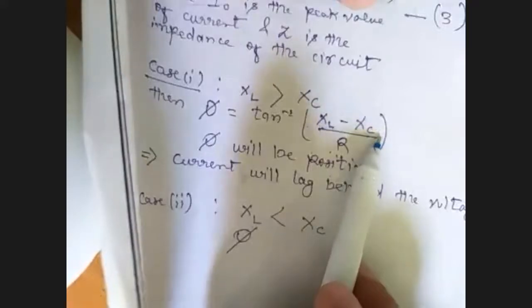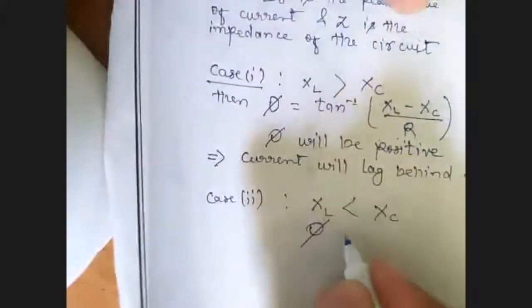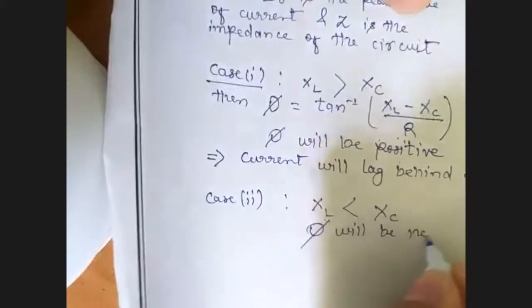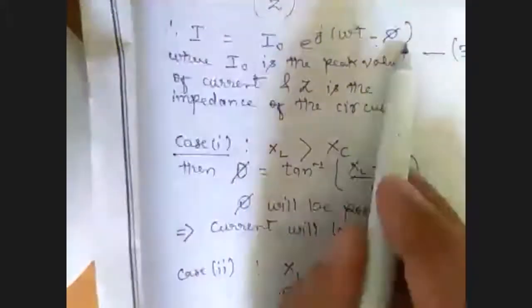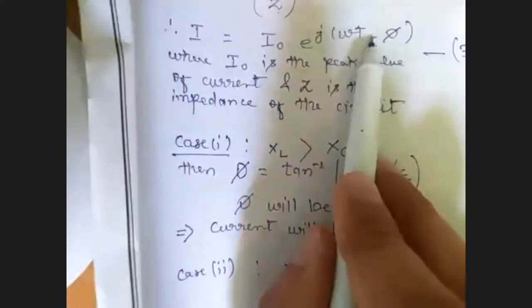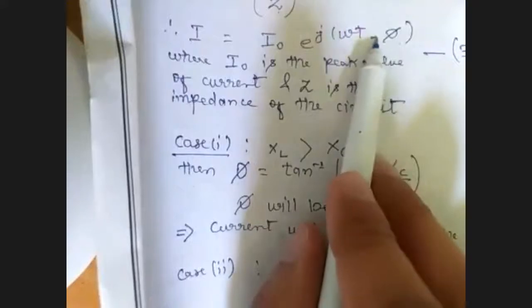Right, according to trigonometry. So this phi will be negative, and whenever this phi will be negative, negative of negative will become positive. So the phase difference will add, right?